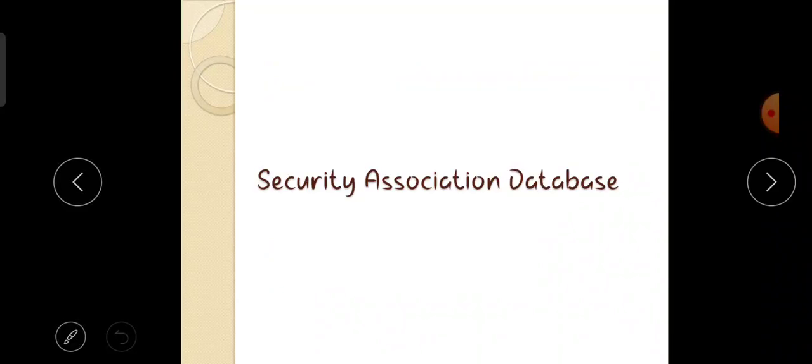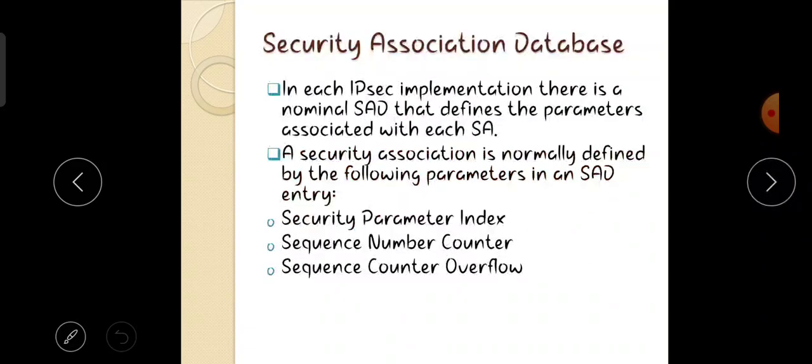Next is the Security Association Database. In each IP security implementation, there is a nominal security association database that defines the parameters associated with each SA. A security association is normally defined by the following parameters in an SAD entry. We can discuss them one by one. The first one is the security parameter index.